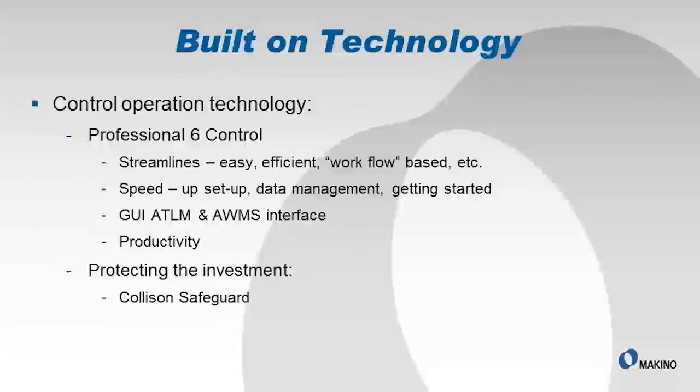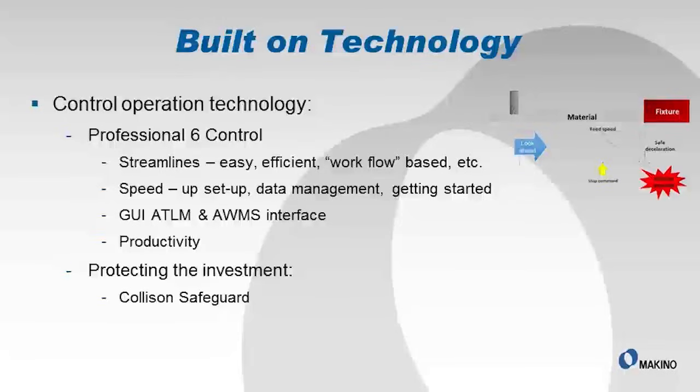Another thing is, with 5-axis technology, you run into situations where you'll actually be cutting and you'll move the workpiece relative to XYZ using the tilt and rotary, and you'll find that the workpiece is now in positions where it never was before. So it's very important to protect the investment by using, again, a proprietary feature that's been developed called Collision Safeguard. Collision Safeguard uses all the data that's been input from the program.